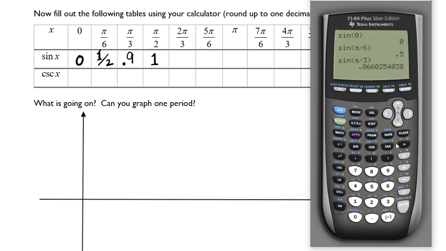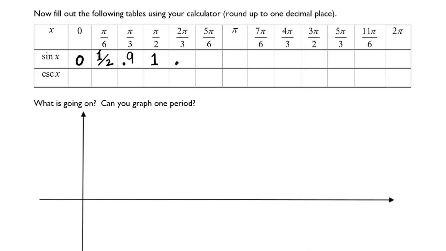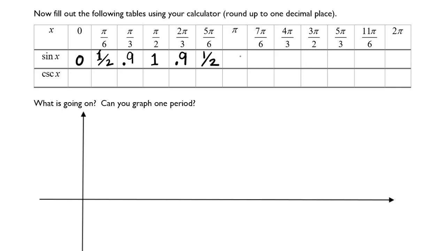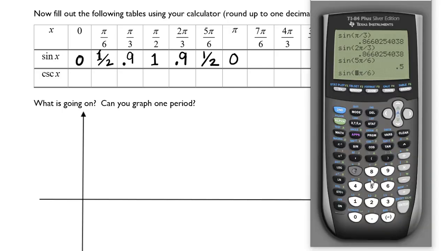Sine of 2 pi over 3 is again 0.866, rounding to 0.9. 5 pi over 6, I hope you're seeing a pattern here, is 1/2. Sine of pi is 0. 7 pi over 6 is negative 1/2.